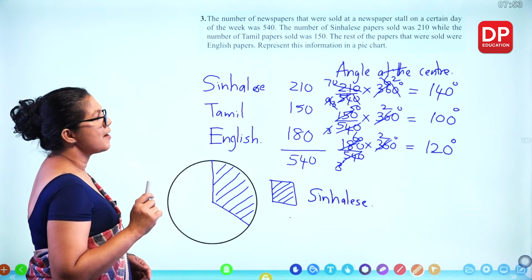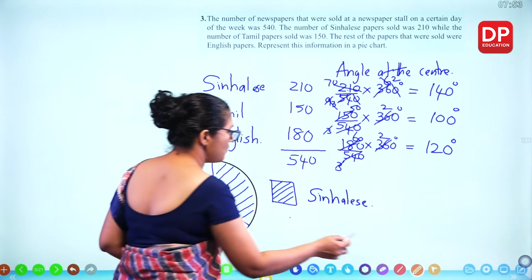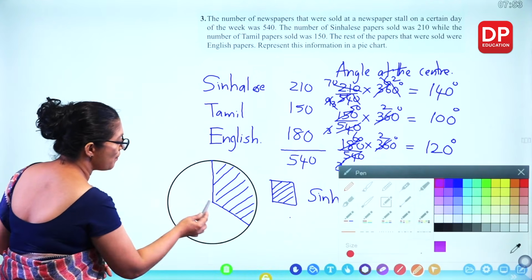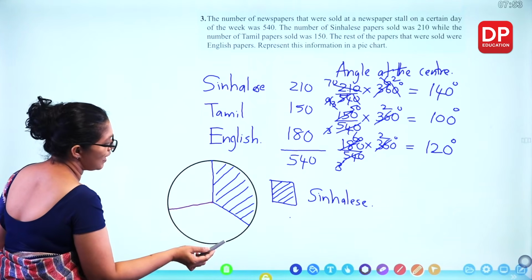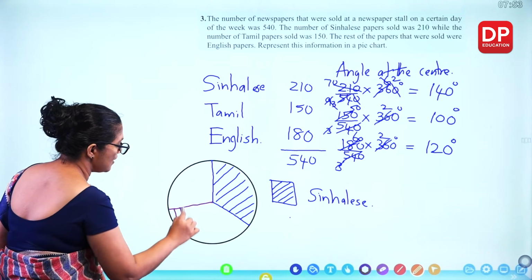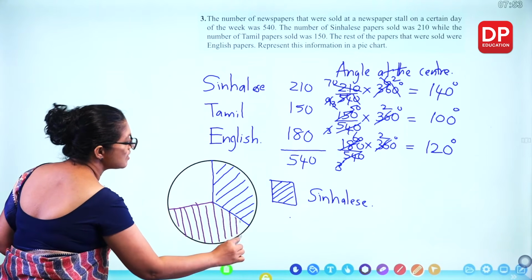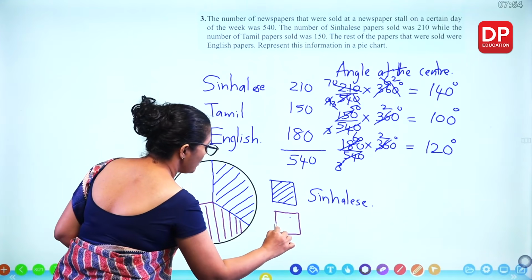That's 140 degrees. Then Tamil 100, I can mark with a different color, measure from here. So here 90 is somewhere there, so 100 I can mark like this, and this represents the Tamil paper. So I can draw this one.